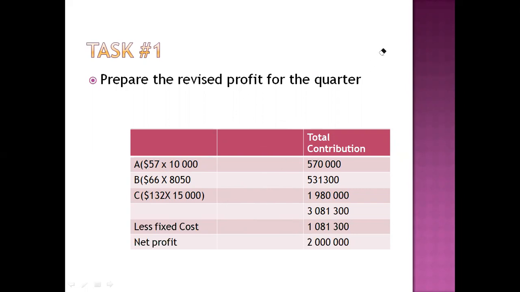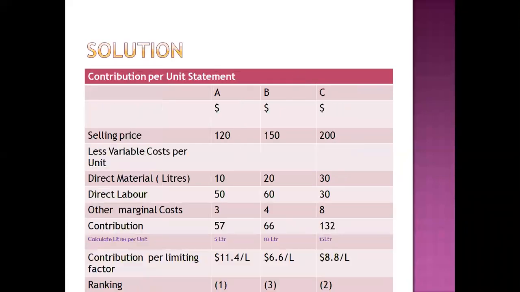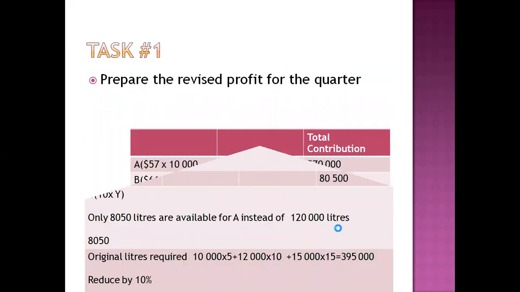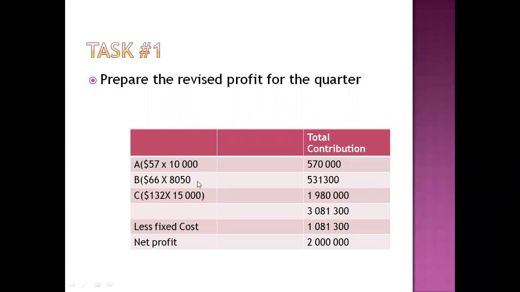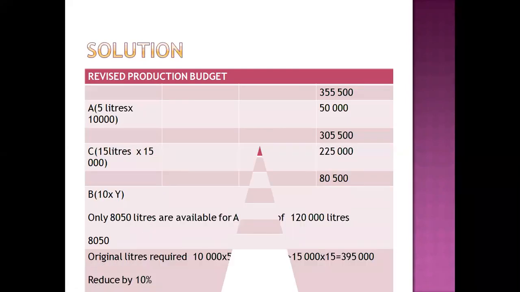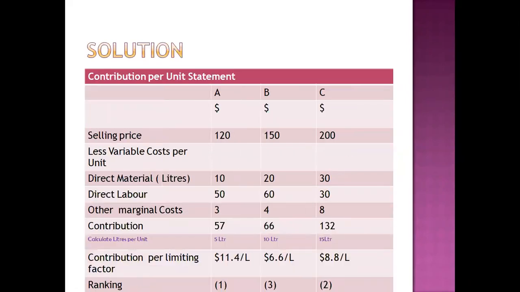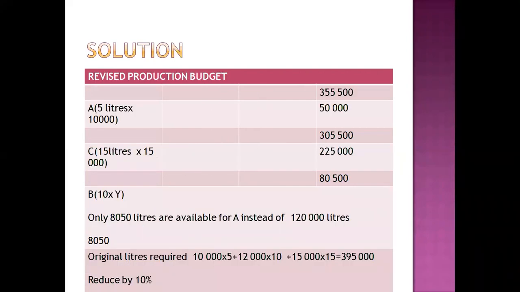Let me also show you so that you can actually follow. Our contribution per unit, okay, this was your task, but let me just do it for you. Our contribution per unit in this case was 15, 66, 132, 57.